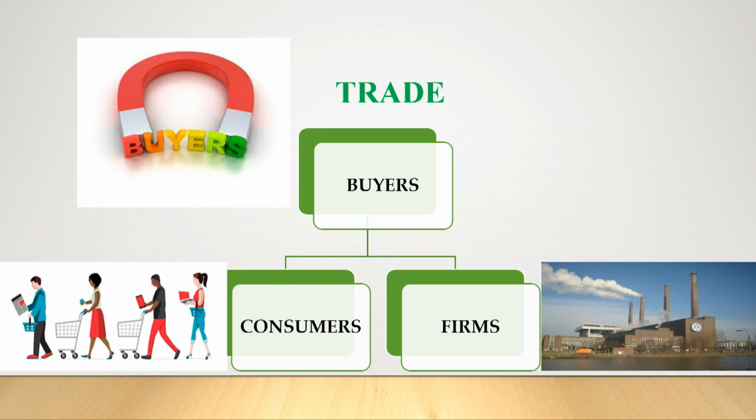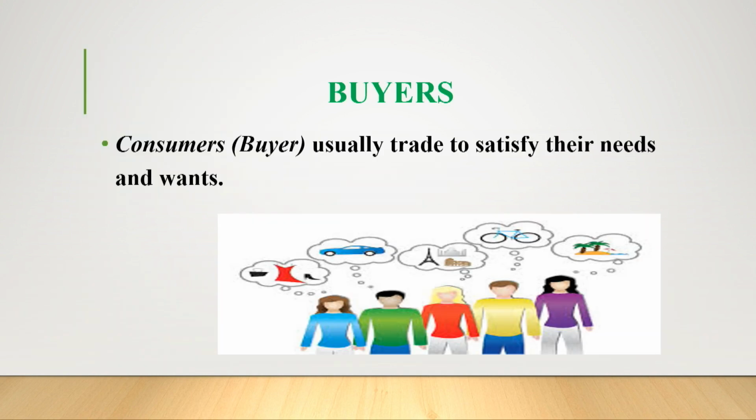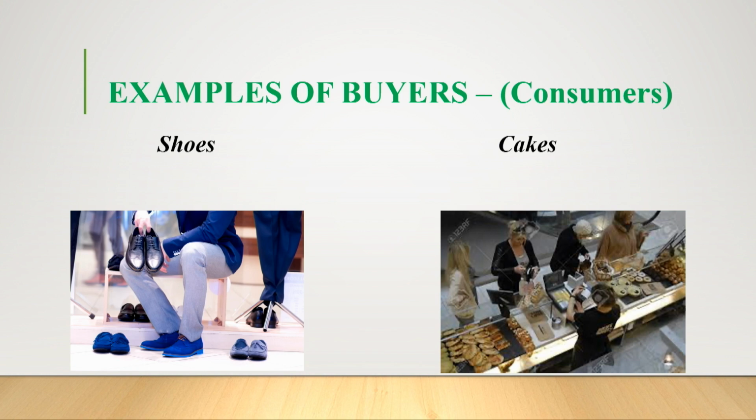Buyers can either be consumers or firms. Consumers usually trade to satisfy their needs and wants. Some examples of goods that consumers buy are shoes, cakes, cleaning materials, and so on.